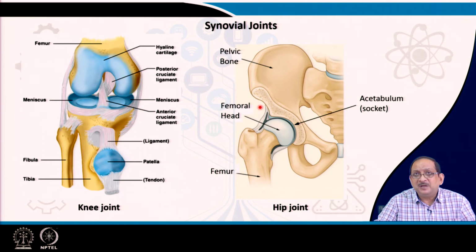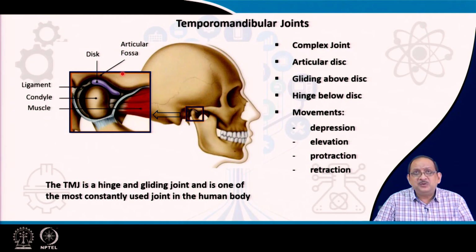The other example is the hip joint. The femoral head of the femur articulates with the acetabulum, which is the socket, and the acetabulum is a part of the pelvic bone, and herein there is a synovial cavity that forms the synovial joint. The temporomandibular joint is a special synovial joint.